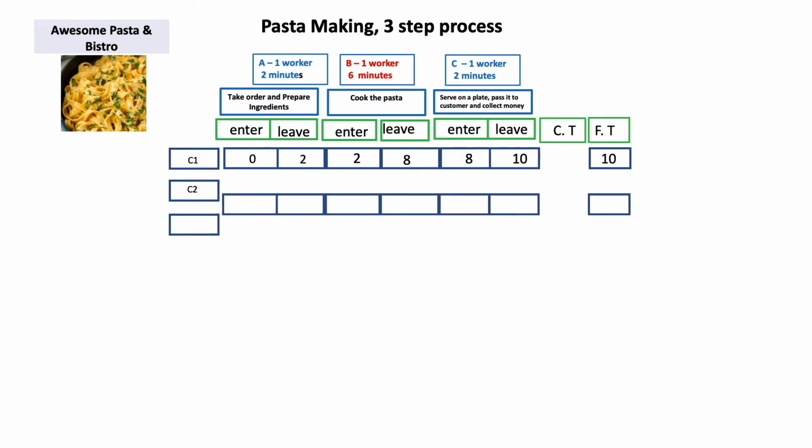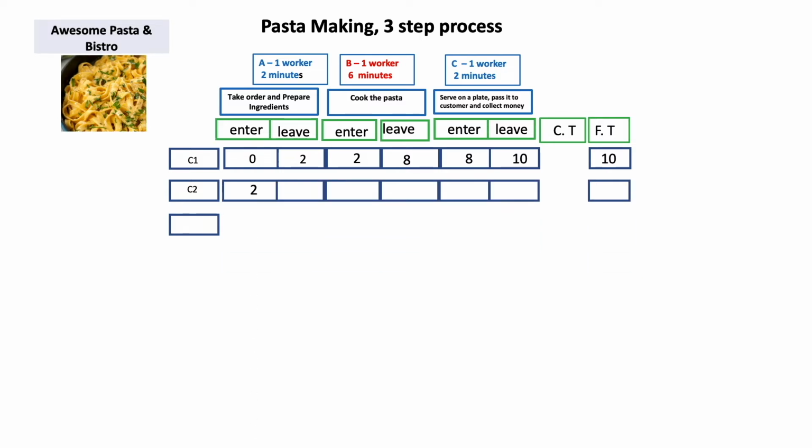Customer 2 comes in and places the order, but his order can only enter process step A at time equals 2 because process step A is busy with customer 1's order. It leaves at time equals 4 minutes. Similarly, customer 2's order can only enter process step B at time equals 8 minutes because process step B is busy with customer 1's order.